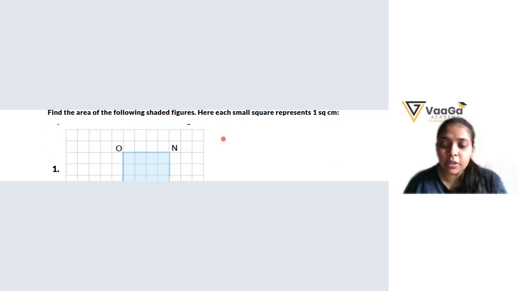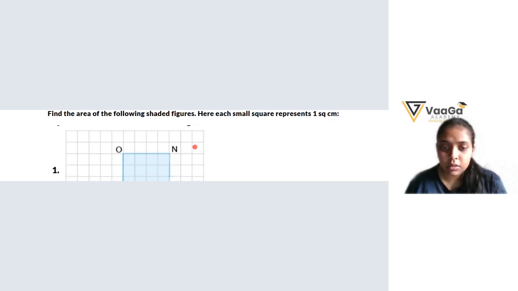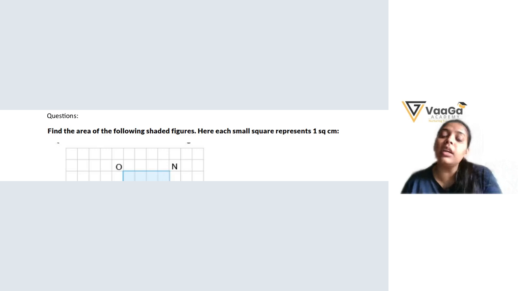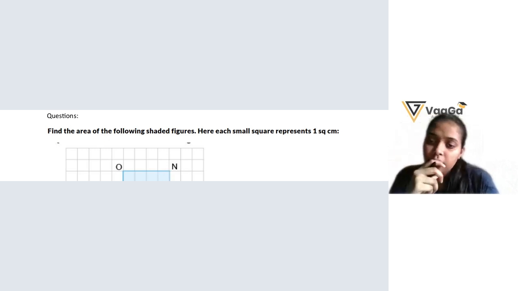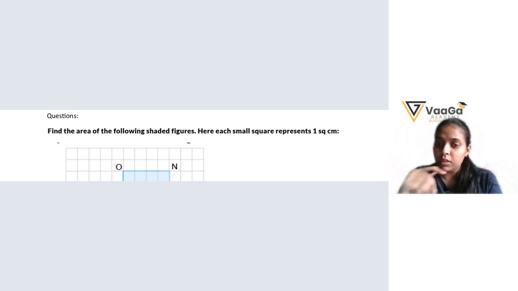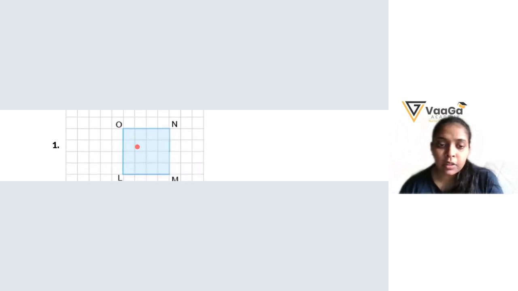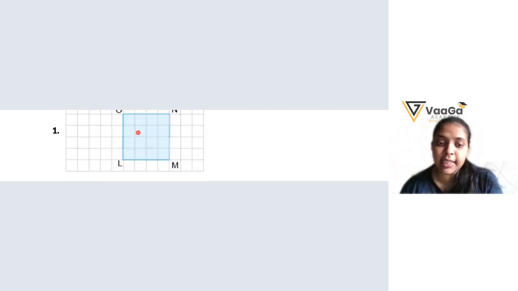Can you see the question? Read the question. Find the area of the following shaded figures. Here, each small square represents 1 square centimeter. So now can you see the figure?